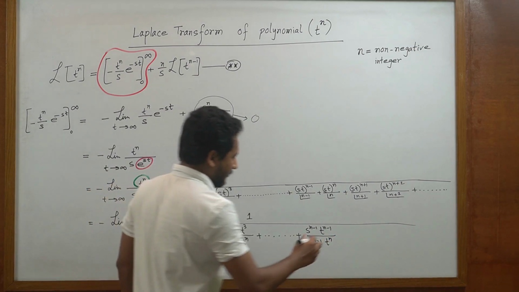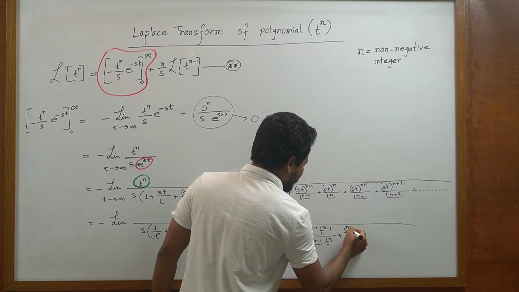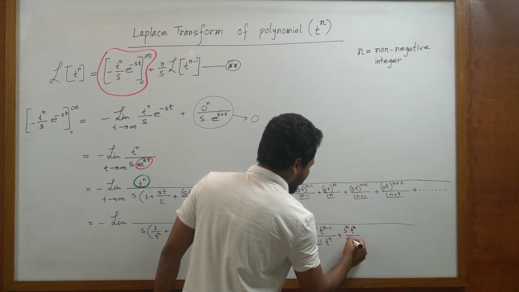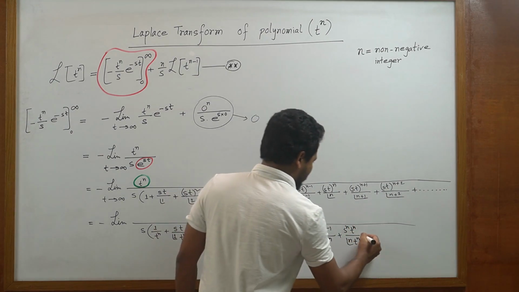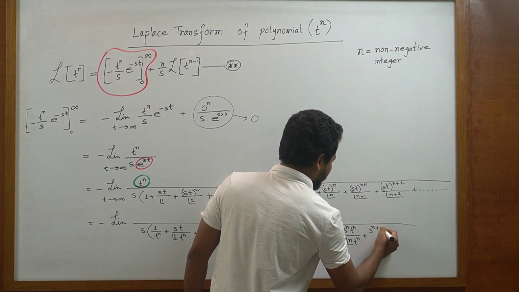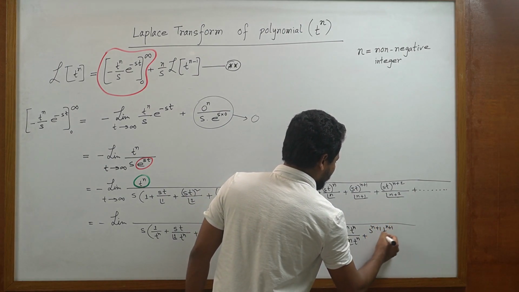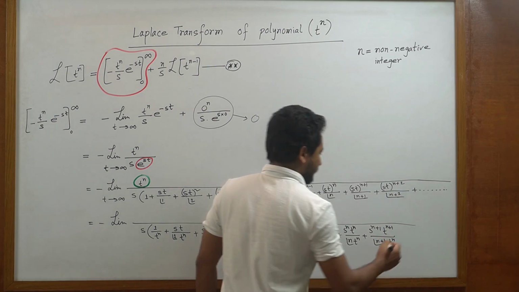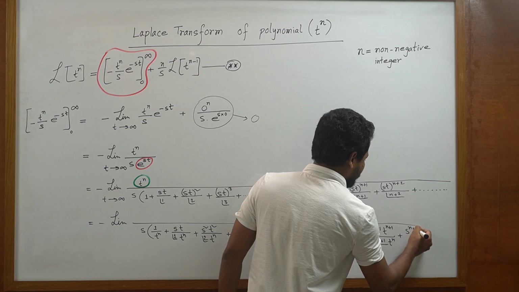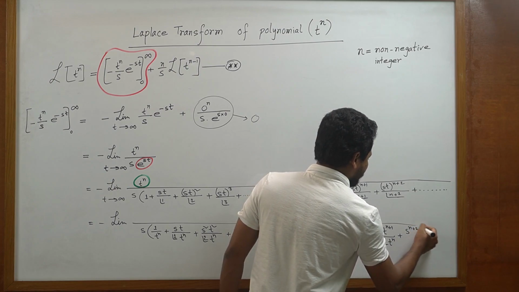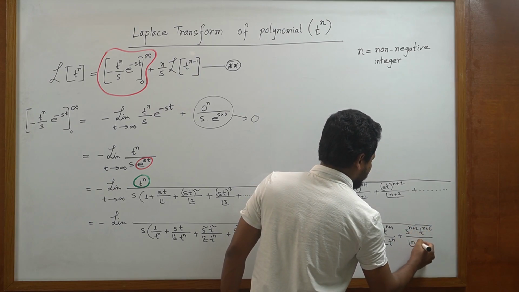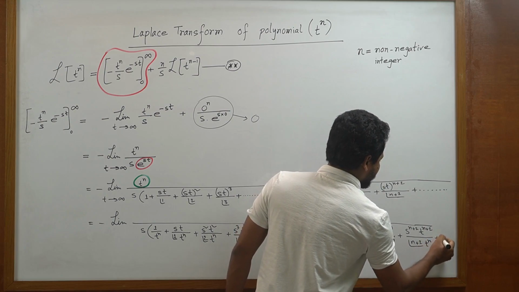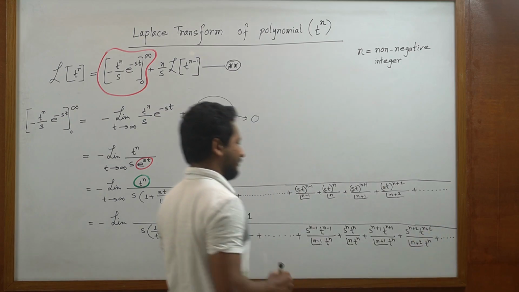Then s to the power n t to the power n by factorial n t to the power n plus s to the power n plus 1 t to the power n plus 1 by factorial n plus 1 t to the power n, then s to the power n plus 2 t to the power n plus 2 by factorial n plus 2 t to the power n, and so on.